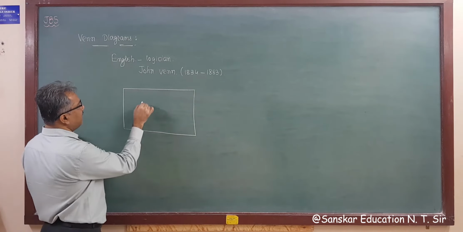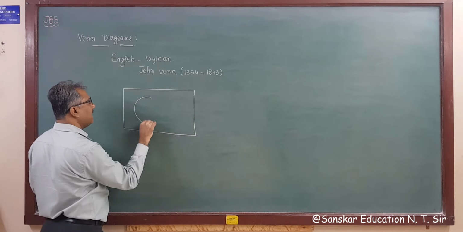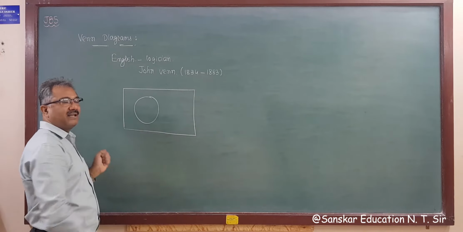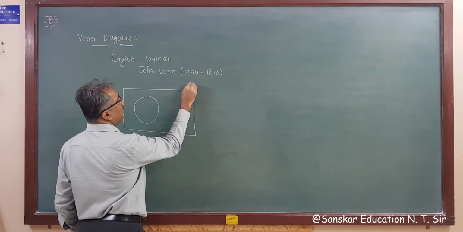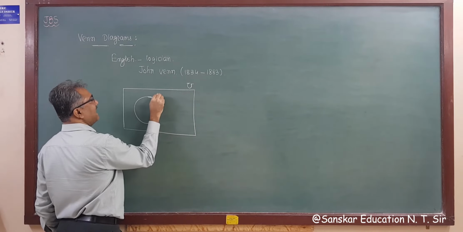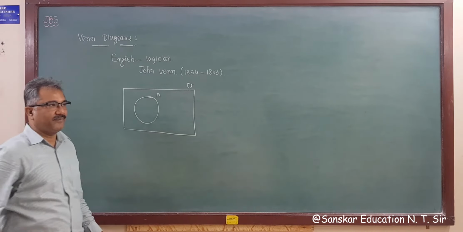Generally we represent them by a circle. So this is your universal set U, and suppose its subset is A, then this is A, right?